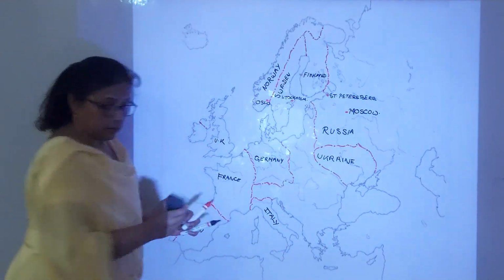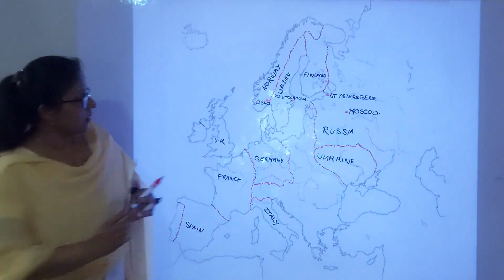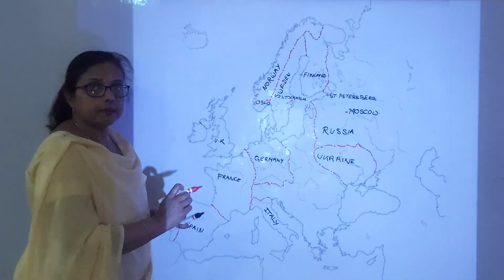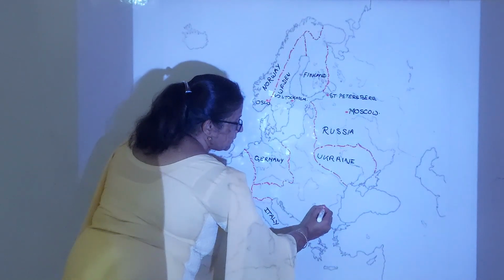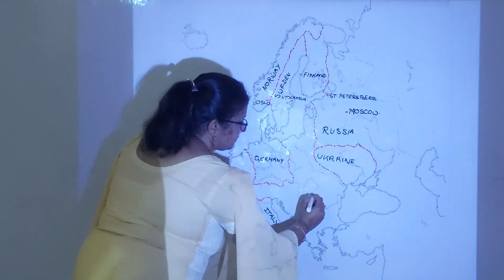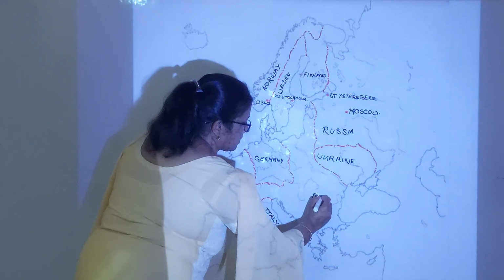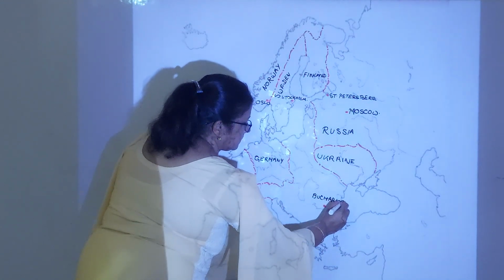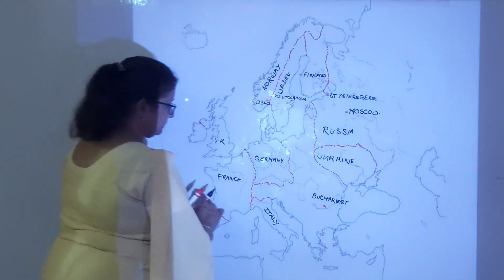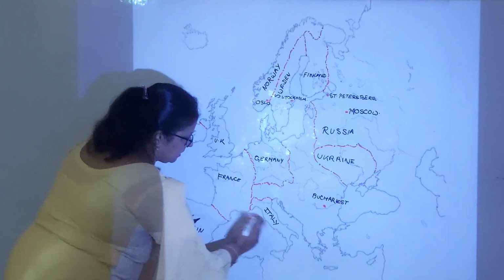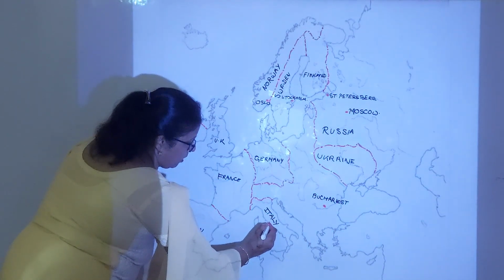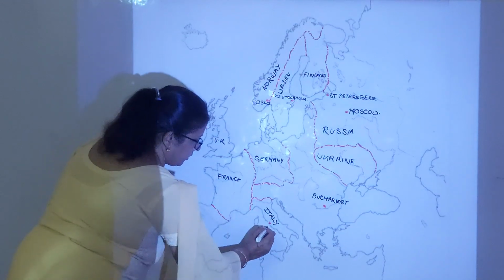Let's move further south. Here we have the capital of Romania, very close to the river Danube. The name of the city is Bucharest. Here, another important city, the capital of Italy, Rome.